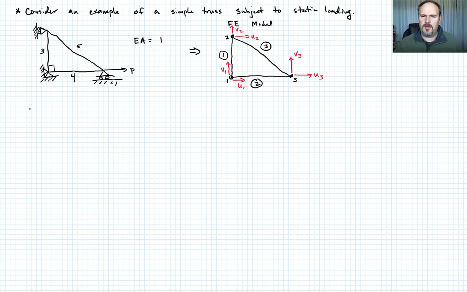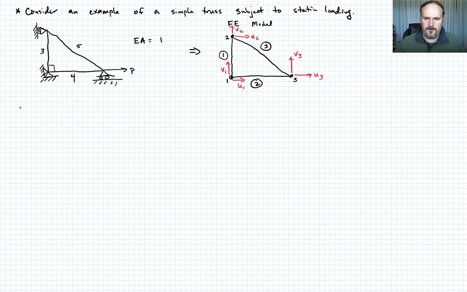Now, let me give you the element equations for each of the elements 1, 2, and 3. I'm not going to go back over what the stiffness matrix looks like for a 2D truss element; you can look that up in a textbook. This is an advanced FEA class, so I'm assuming you've at least seen that somewhere or can look it up easily. I'm just going to give you the element equations here.